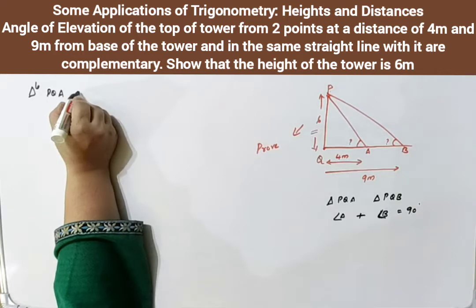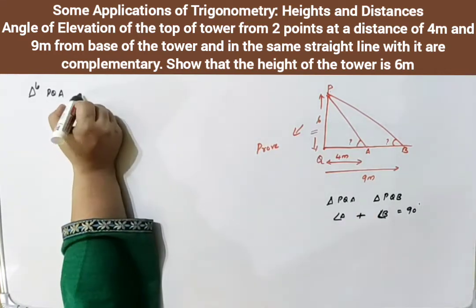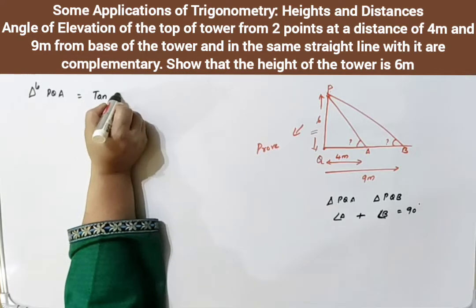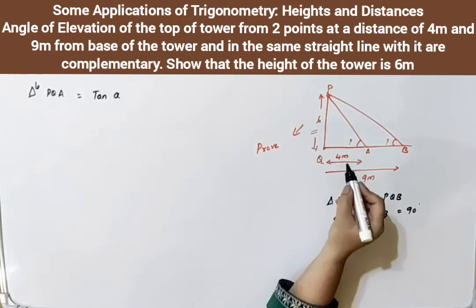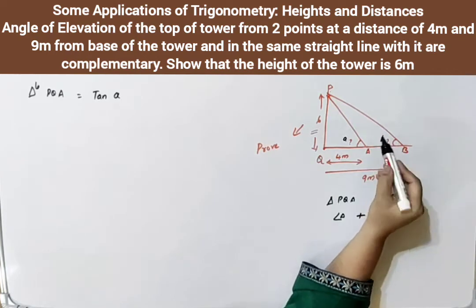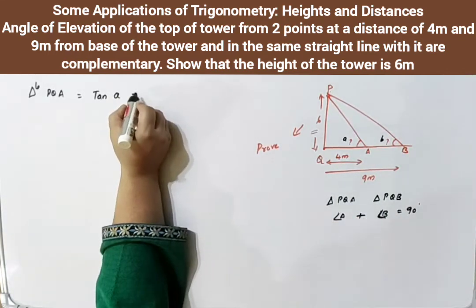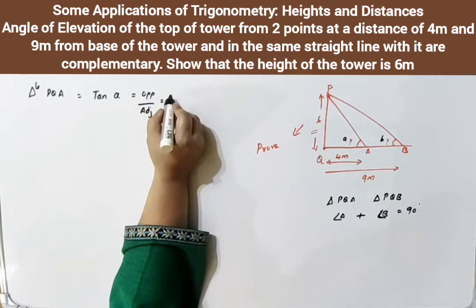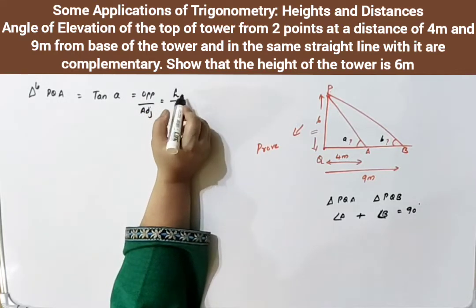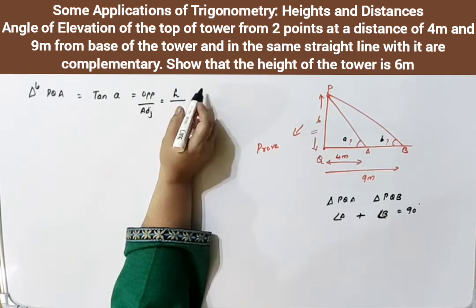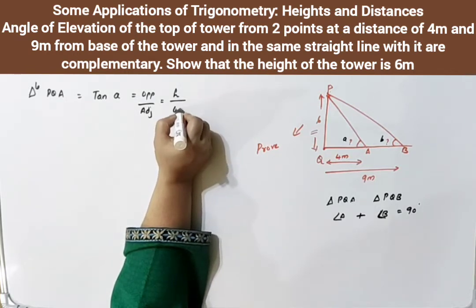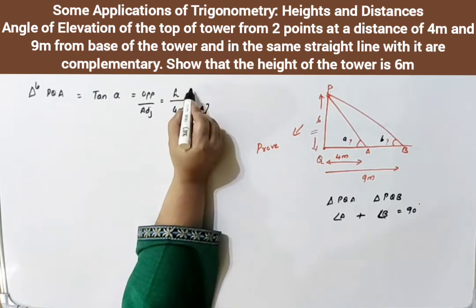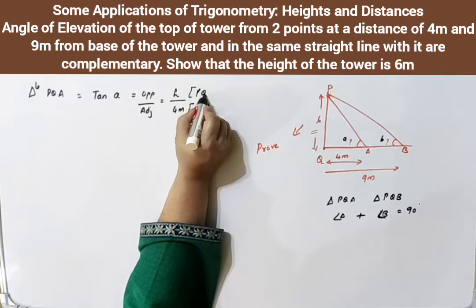So let's call it angle A. Tan A is equal to opposite by adjacent. Opposite is, we don't know, it is H. We'll keep it as H because we'll have to prove through calculations that it is going to be 6 meters. The adjacent side is 4 meters. Adjacent is QA and opposite is PQ.